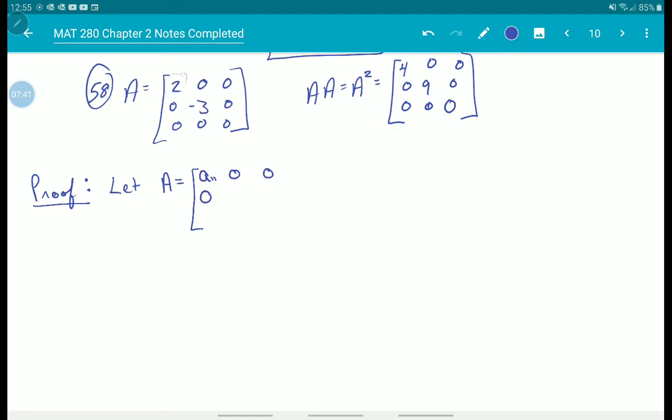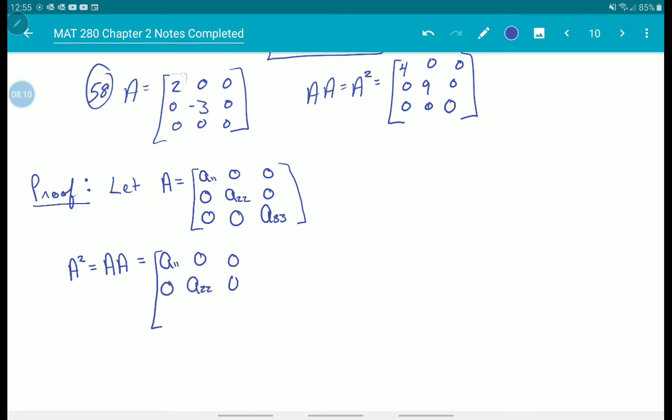So if we have a diagonal matrix A, we're only going to have entries down that main diagonal. So A squared, by definition, would be A times A. And what that would look like here is A11, 0, 0, 0, A22, 0, 0, 0, A33 times itself.